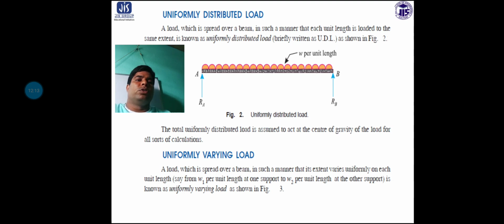A load which is spread over a beam in such a manner that its extent varies uniformly on each unit length, say W1 per unit length at one support to W2 per unit length at the other support, is known as uniformly varying load.